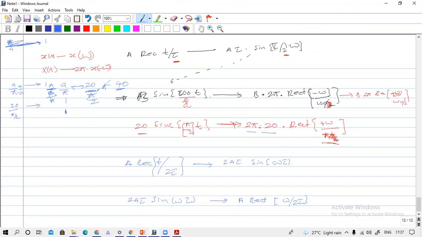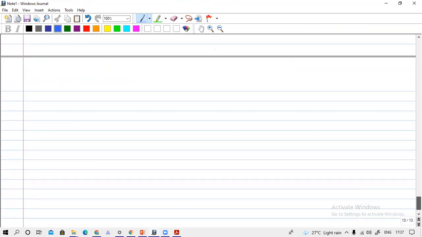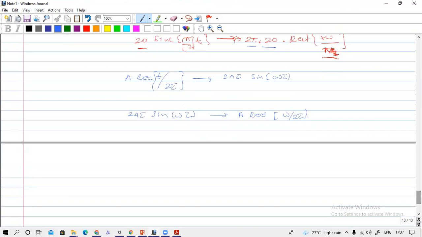So now we have, sorry, this should be 2 5. 2 5 a rect omega 2 tau. So this is the Fourier transform of tau. So we have now 20 sinc 5/2 t.